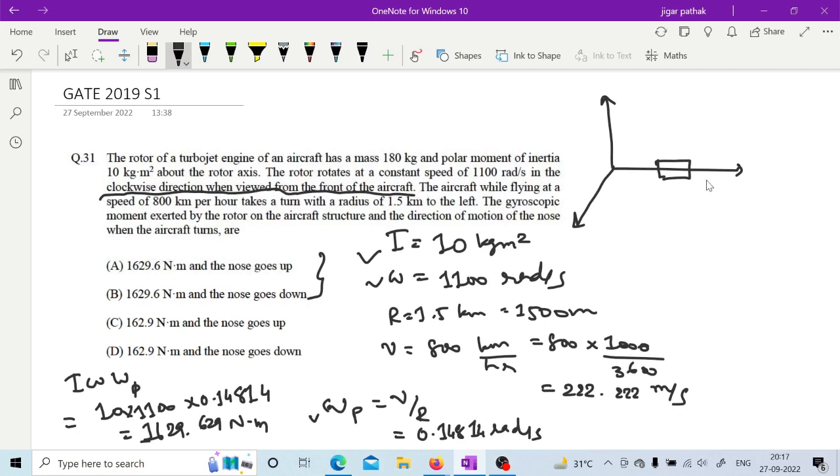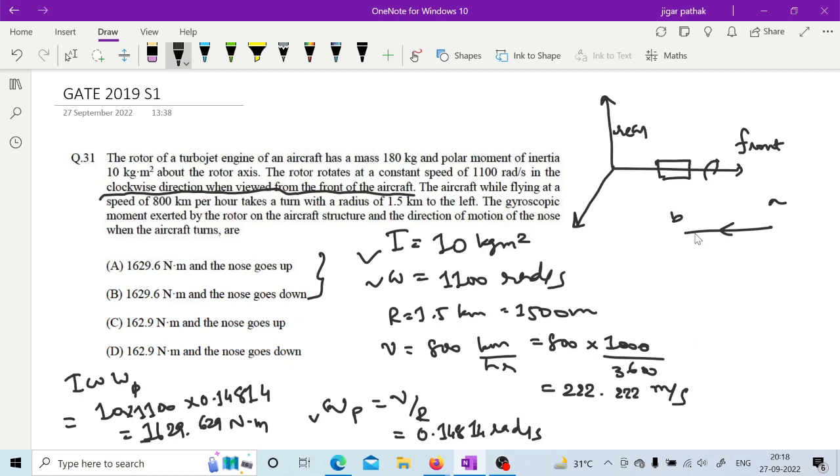If you consider this as front and this as rear, now when you view from the front, it is clockwise. So if it is clockwise, then it will go away from the viewer.